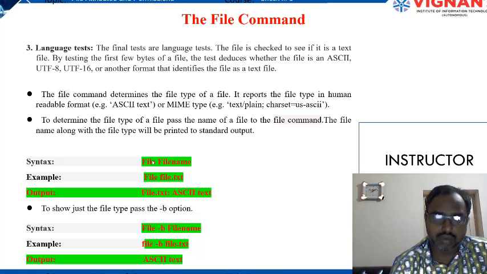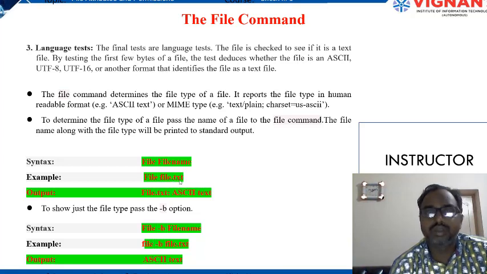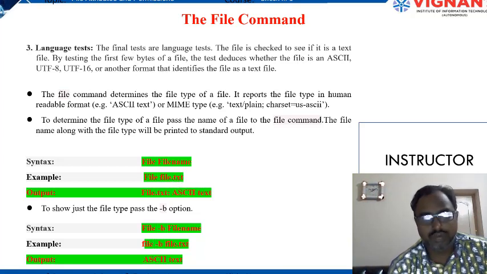For example, you can type file, where the command name is file and the file name is the one I have given, file.txt. So very simple. The first and foremost thing is the syntax: file space file name. Example is file space file.txt.